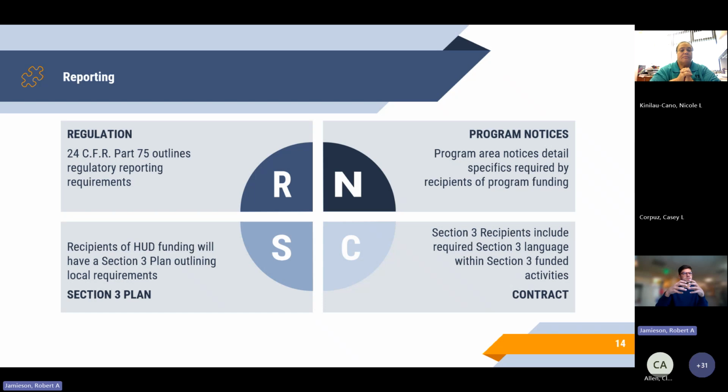While they aren't going to be a Section 3 business, they're going to be subbing out to potential Section 3 businesses, and they're in charge of submitting those record-keeping requirements to you all to see, did we meet our labor hour requirements for this? So being able to outline those expectations in a Section 3 plan, and to include them in RFPs and contract language, is for sure a best practice going forward.